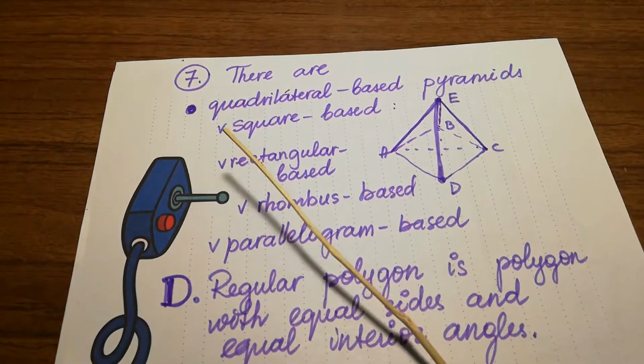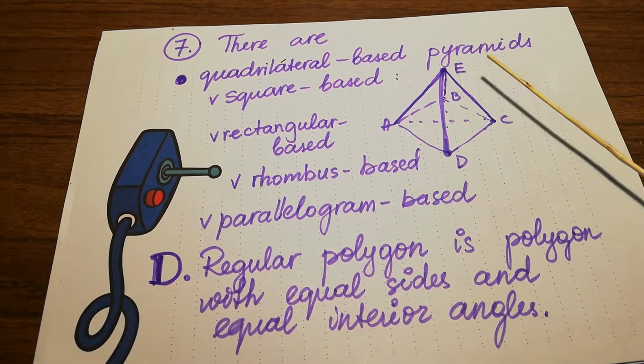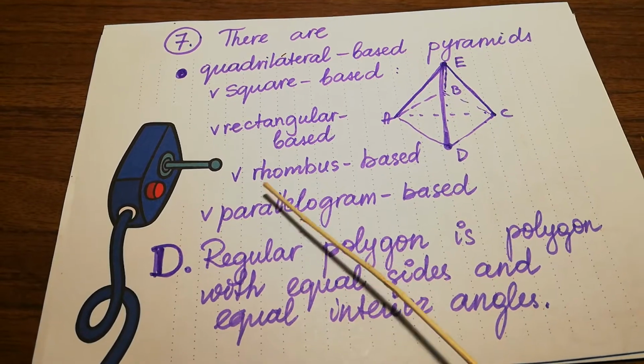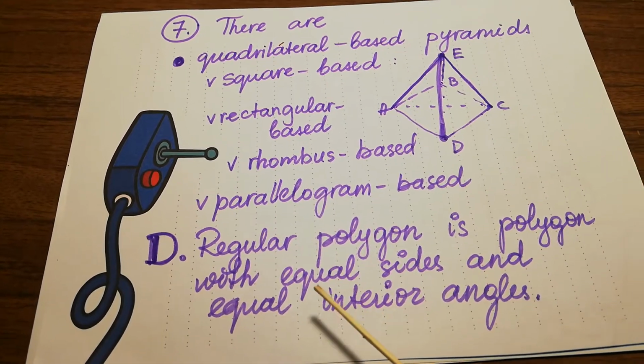There are also quadrilateral-based pyramids: square-based, rectangular-based, rhombus-based, parallelogram-based.